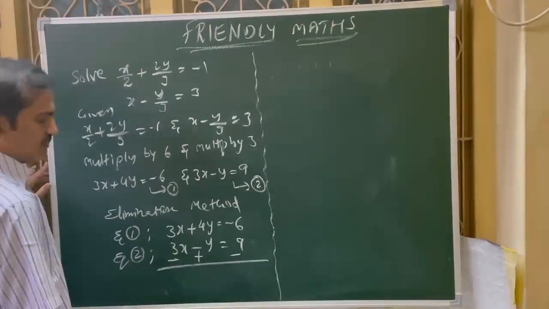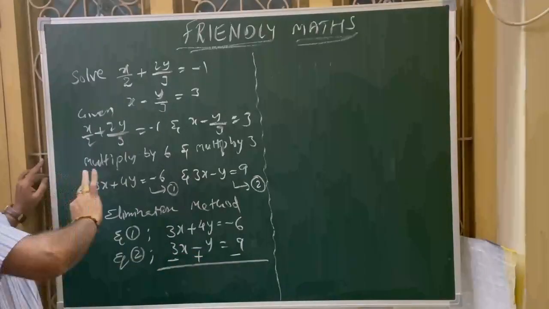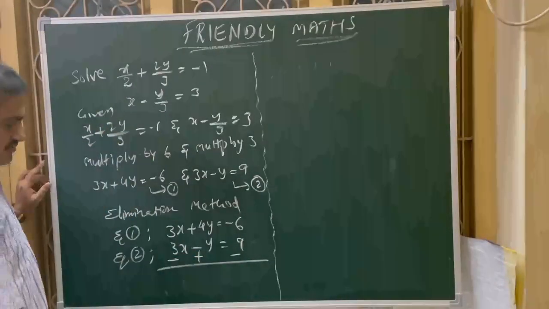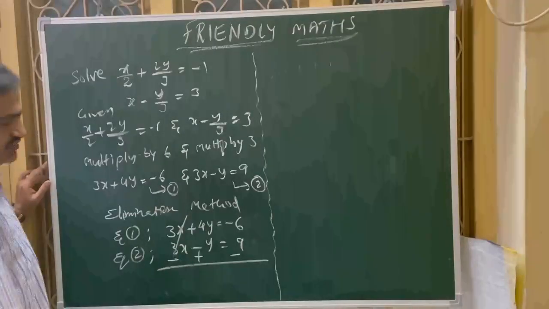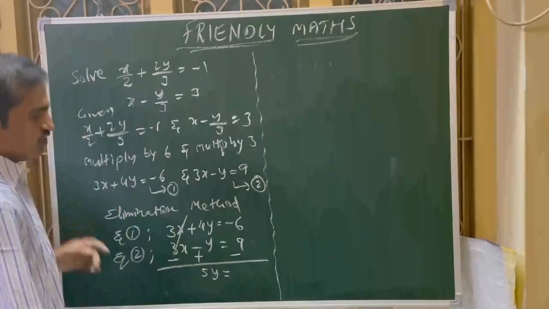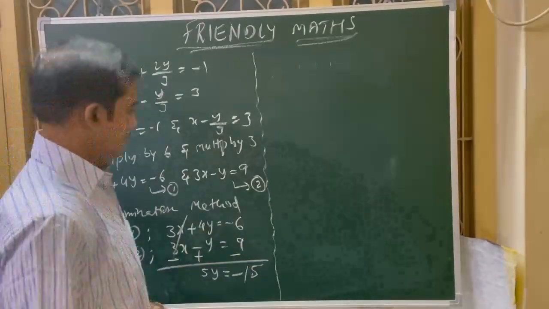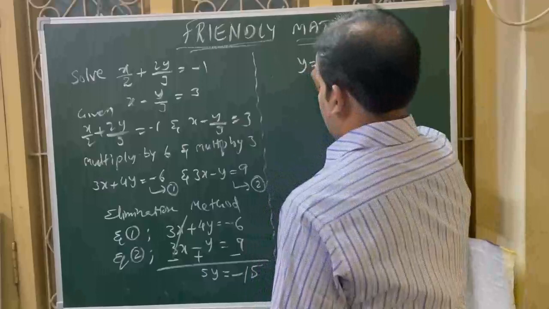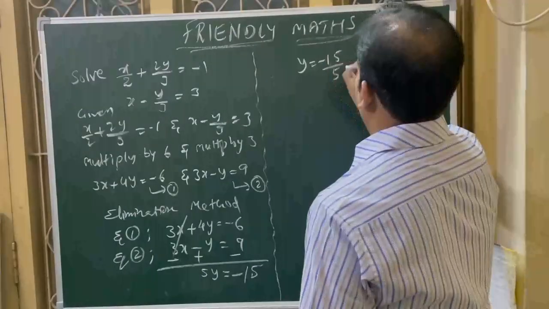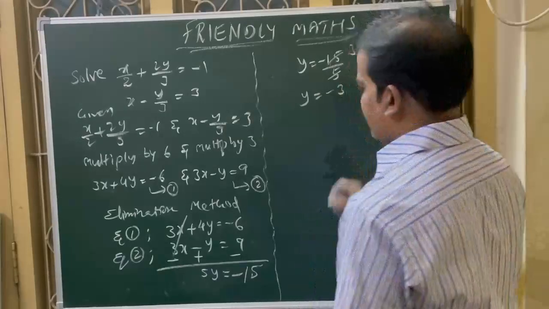Every term is going to be subtracted. Whatever we apply to an equation, we have to apply to the whole equation. Okay. Then 3x is going to be cancelled. 4y plus y is 5y. And both are negative, so we have minus 15. Okay. y is equal to minus 15 by 5. Then 3 times it is going to be cancelled. y is equal to minus 3.